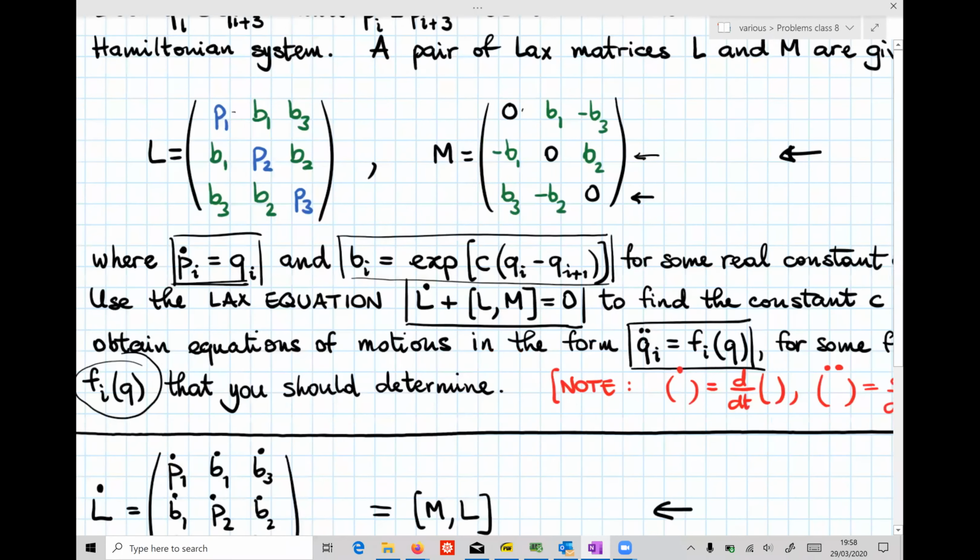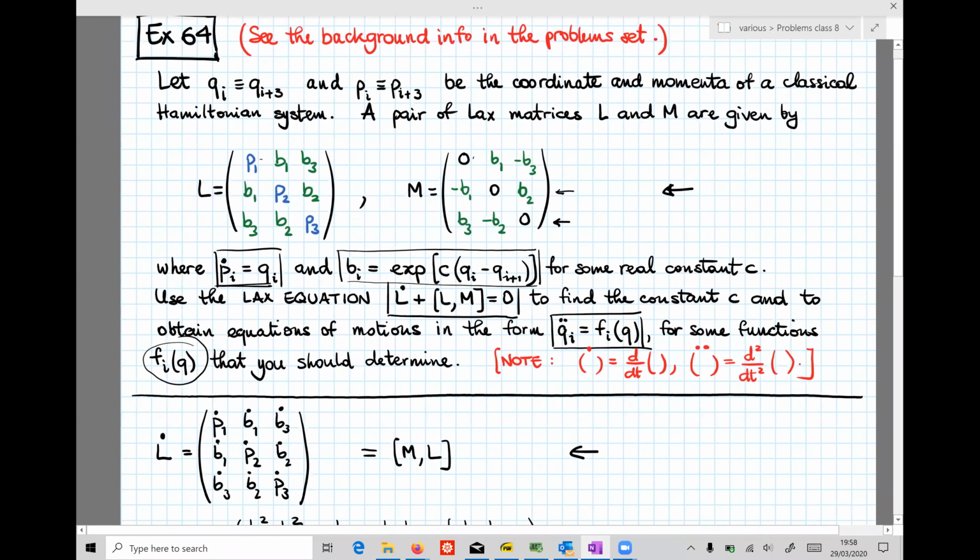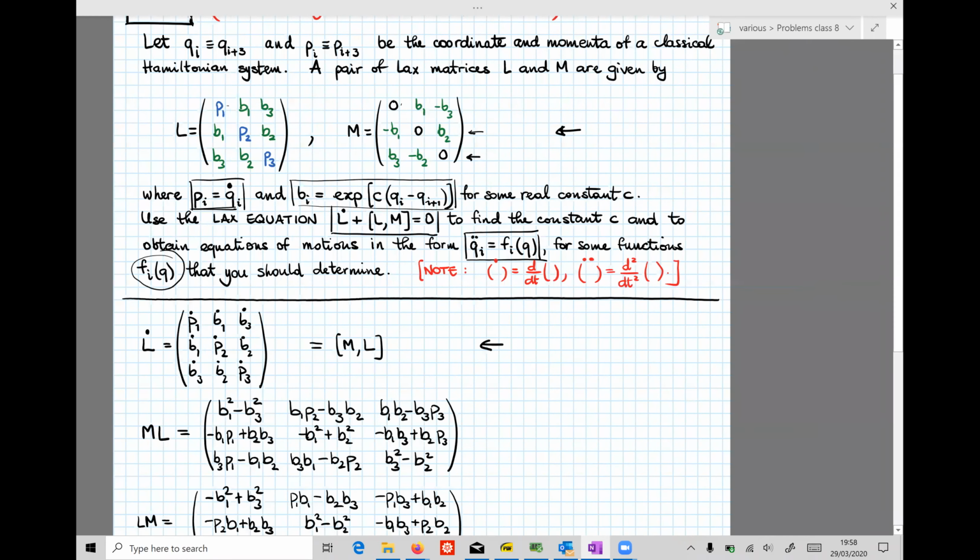Sorry, this I think is completely wrong. What I wanted to write is that Pi is Qi dot. I see there is a typo also in the notes that I posted on Duo. Apologies. I will correct that.